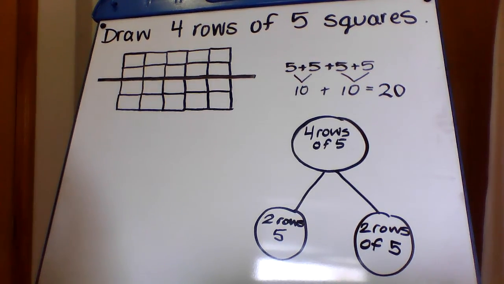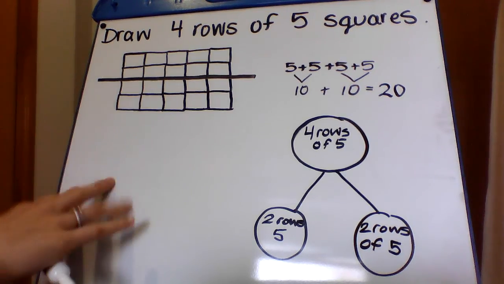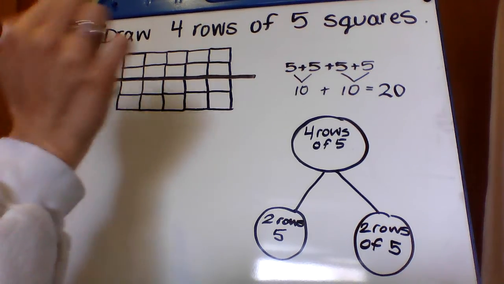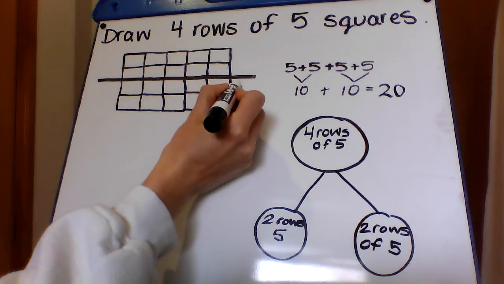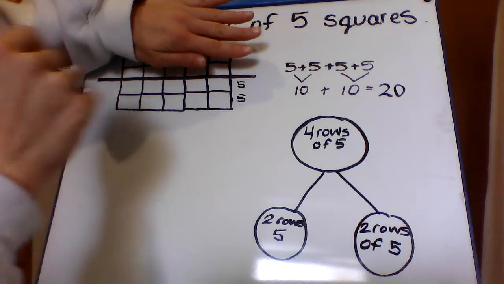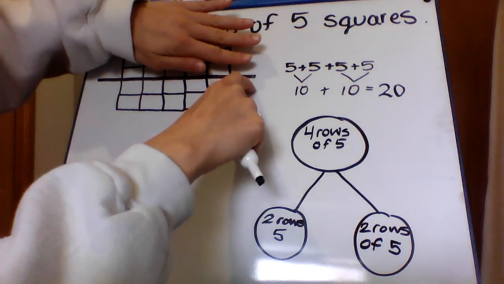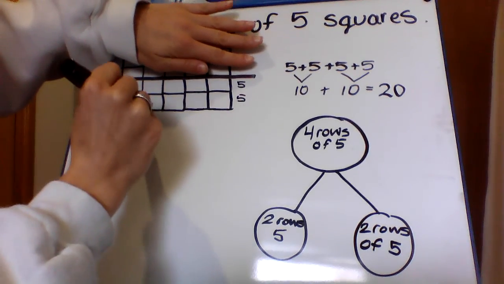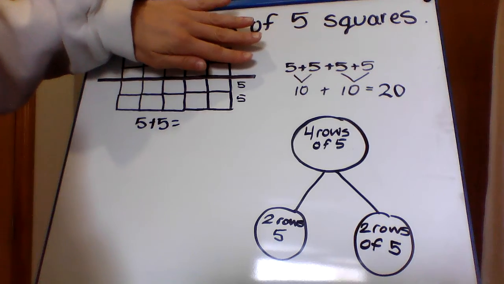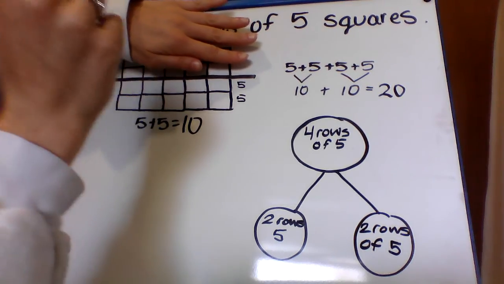So I want to come up with an addition sentence, a number sentence for these two on the bottom. So 2 rows of 5 could also be what? Just focus on the bottom for right now. So there's 5 tiles in this, 5 tiles in this. We would do 5 plus 5, which is going to give you 10.